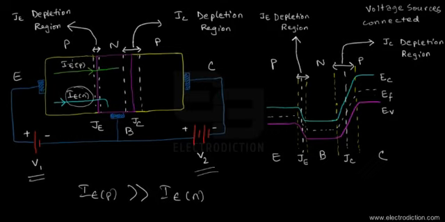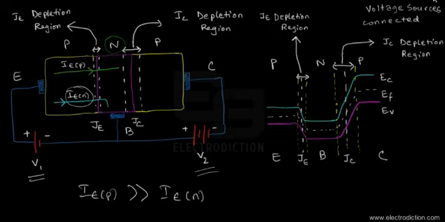And now the holes present in the emitter current component, since they are the majority carriers, whenever these holes reach the base section, as it is N-type, the holes become minority current carriers. In that way it sets up a concentration gradient across the base.